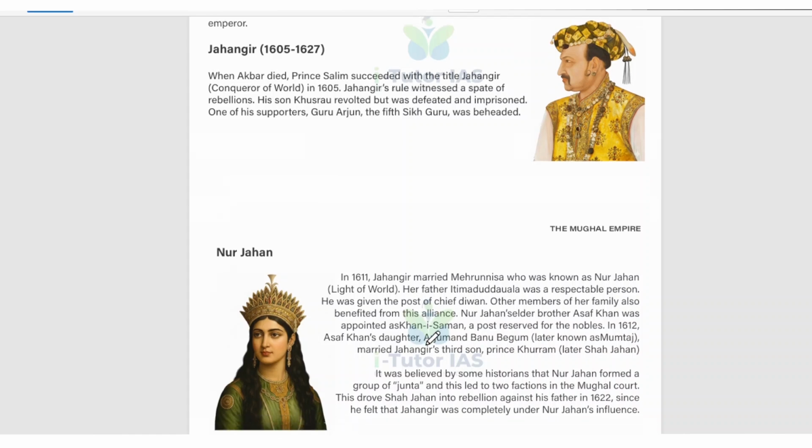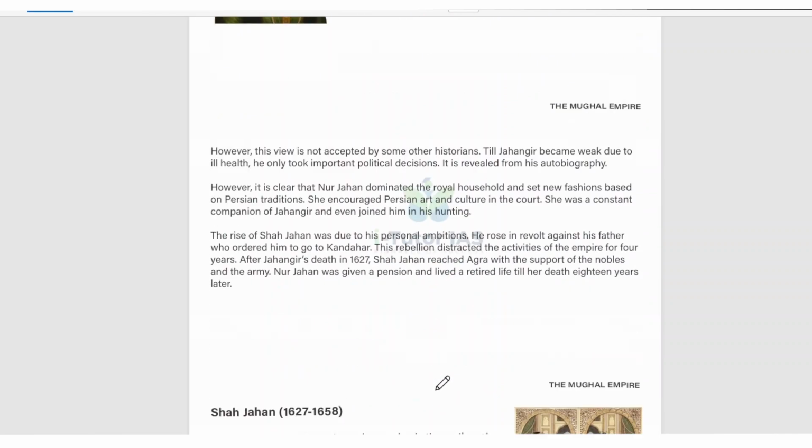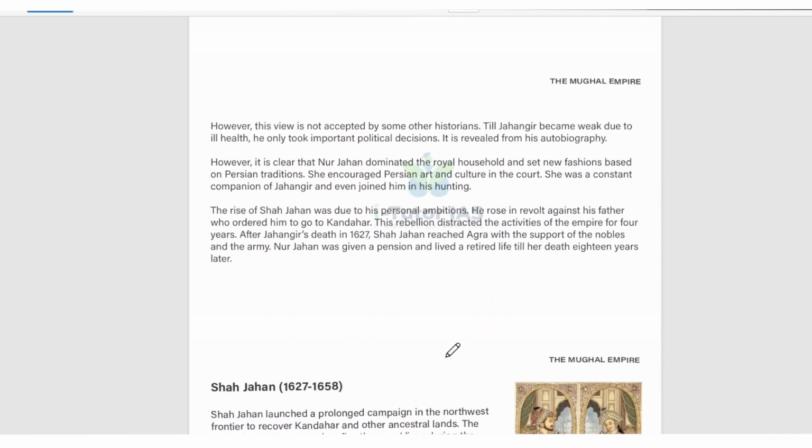It was believed by some historians that Noor Jahan formed a junta, and this led to two factions in the Mughal court. This drove Shah Jahan into rebellion against his father in 1622, since he felt that Jahangir was completely under Noor Jahan's influence. However, this view is not accepted by some other historians.